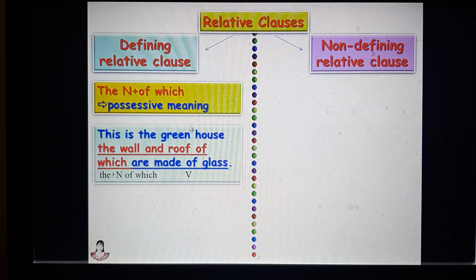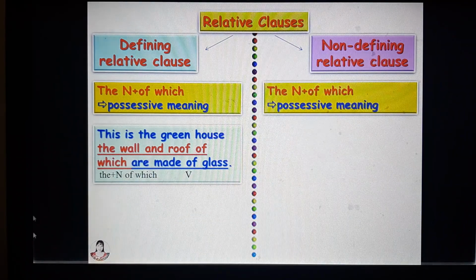No, the house cannot move. So we have to use the walls and roof of which, the noun of which. You see, the noun of which, are made, verb. The walls and roof of which are made of glass is a defining relative clause.